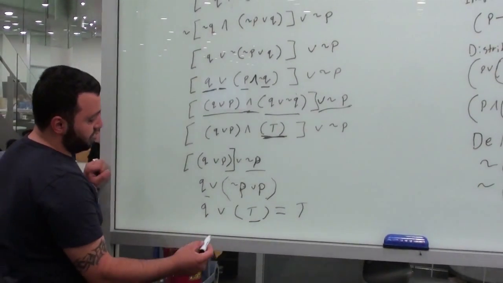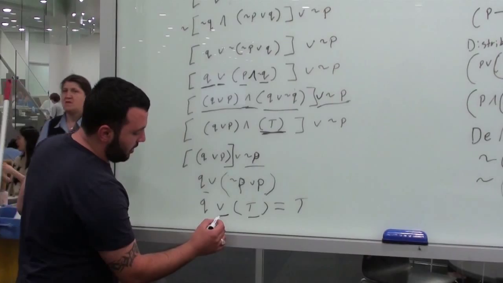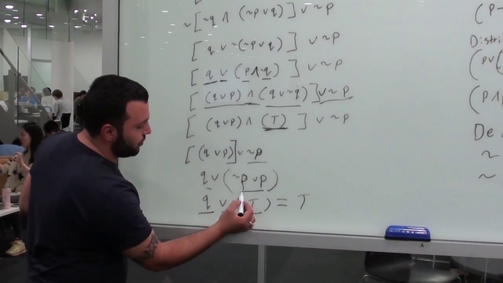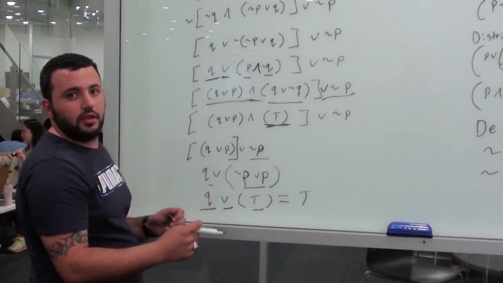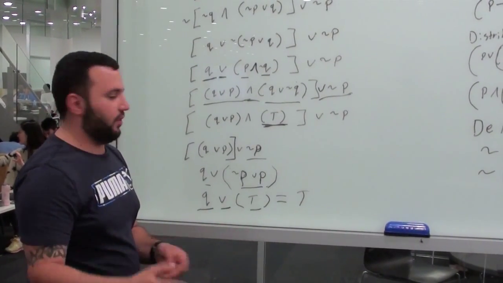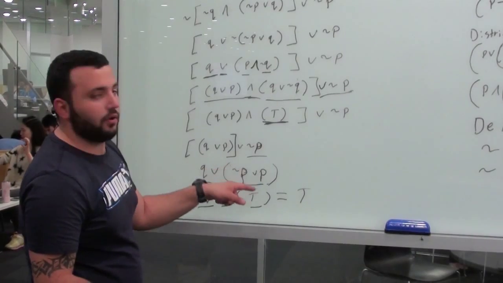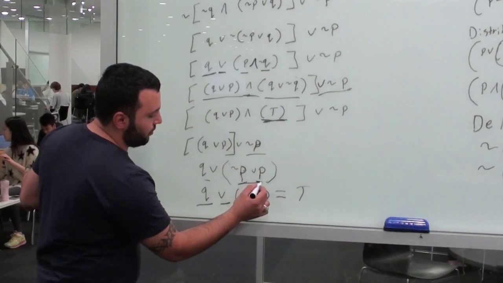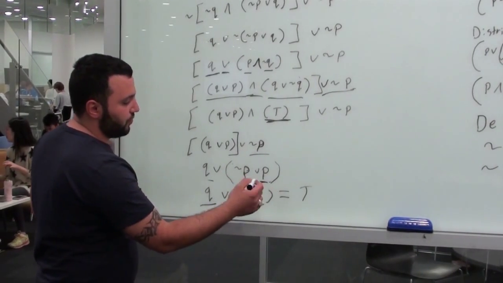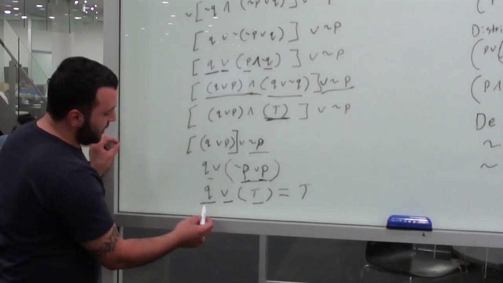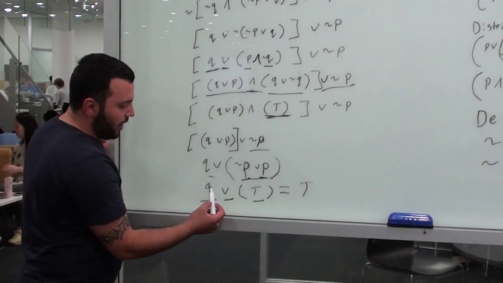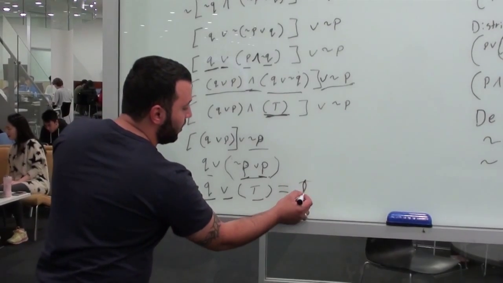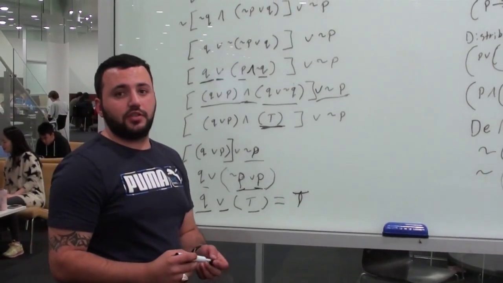And then we simplify it to the last one where it says Q or true, which is always true because it's not P or P. So if P is true, the whole statement will be true. If P was false, the whole statement will be false, which can't be, because one of them is going to have to be true. It's either not P is true or P is true, which is always true. And then we go to the last one which says Q or true, which is always true. And that's how we get the statement that it's a tautology.